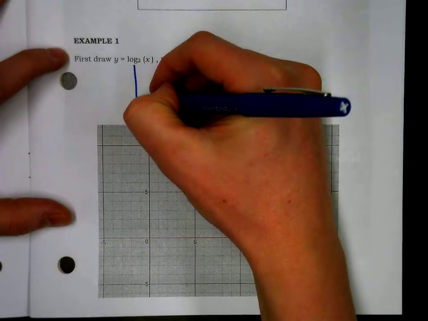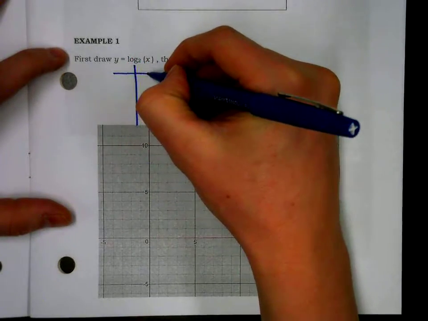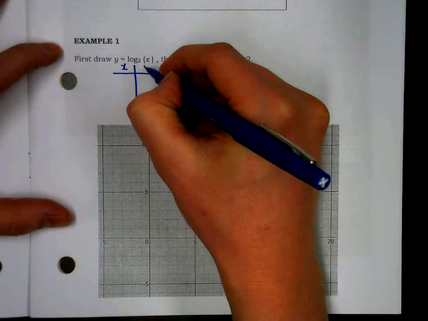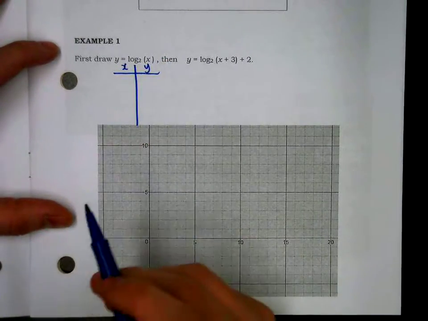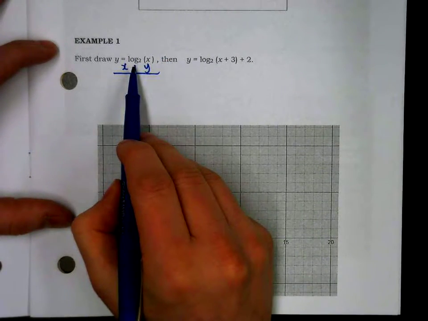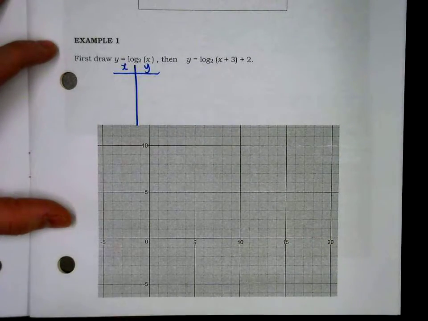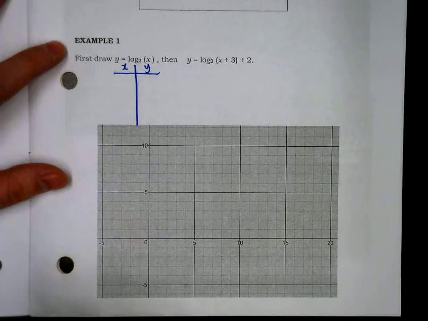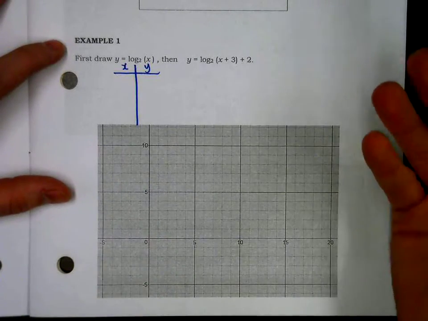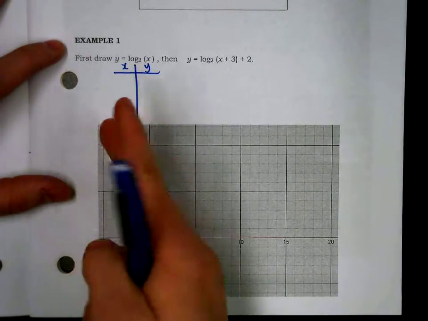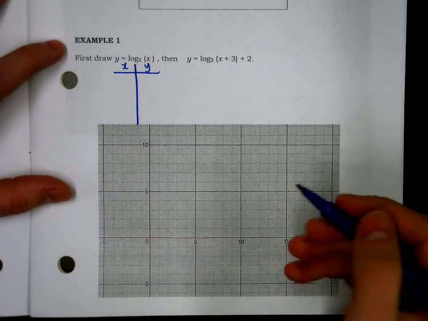So to start, let's try to avoid having to do two charts and think about log base 2 of x in one graph. Now a reminder, we're comparing 2 to the x as an inverse, which means we're flipping the x and y.